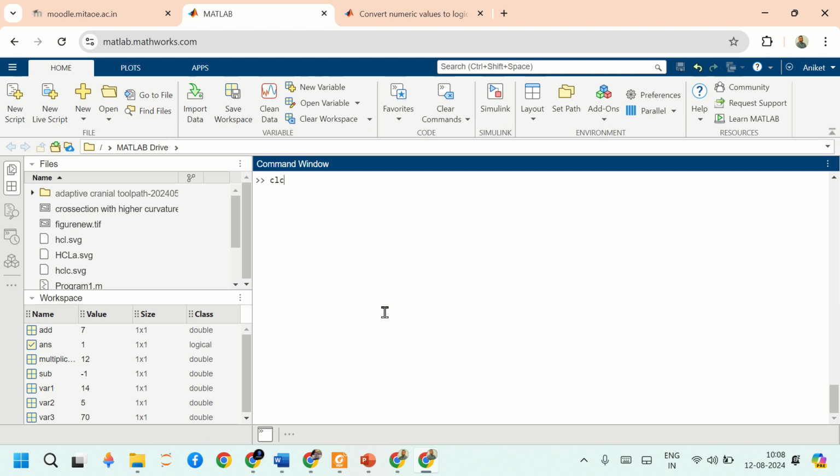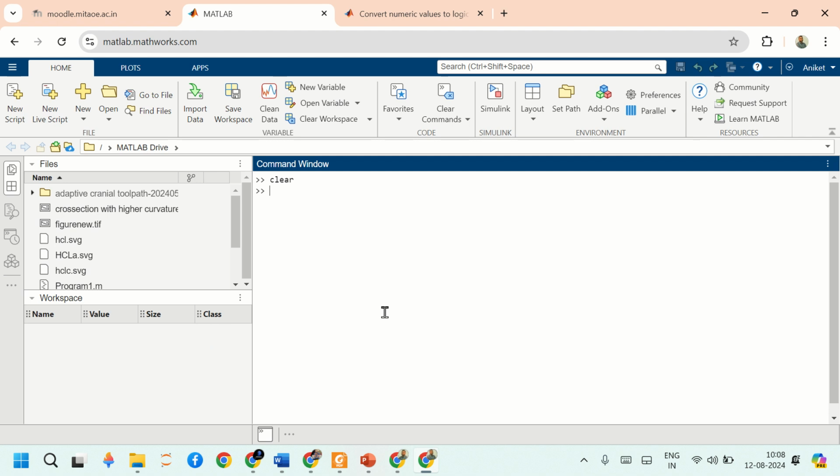So we'll clear the window with clc, and if you have to clear all the variables stored in the workspace, you can use the clear function. So now we'll start with the built-in functions. The first one is square root.